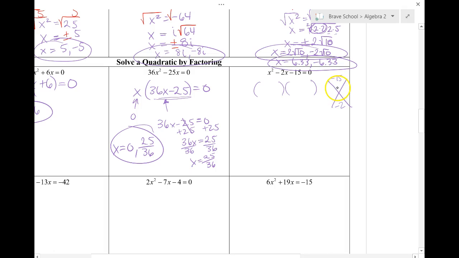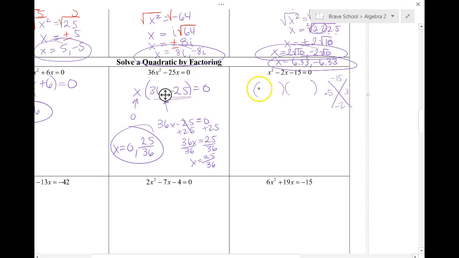Well, let's see. How about a 5 and a 3? Well, I know that one of them has to be negative. In order for it to be negative 2, we're going to have to make the 5 negative, because negative 5 times 3 is negative 15, and then negative 5 plus 3 is negative 2.